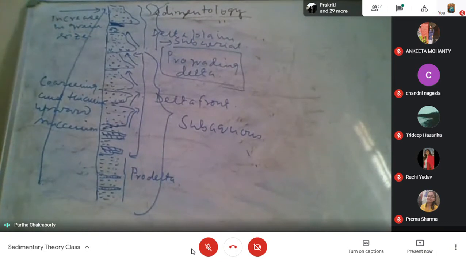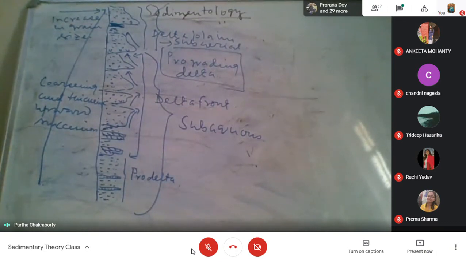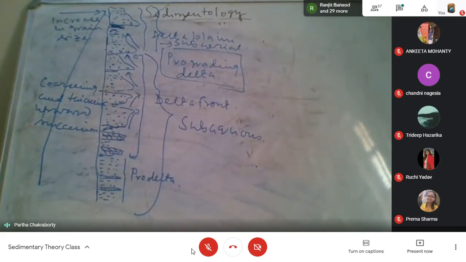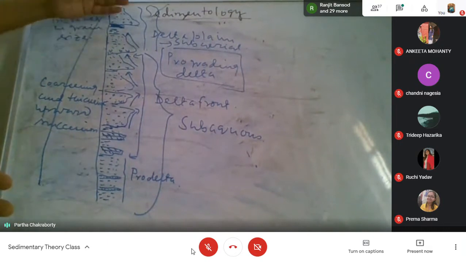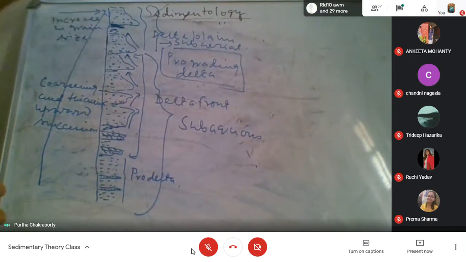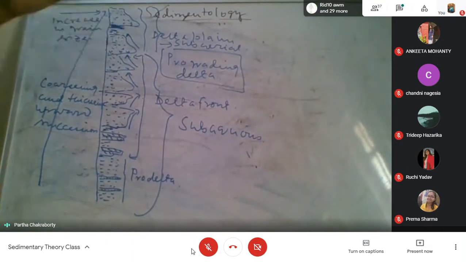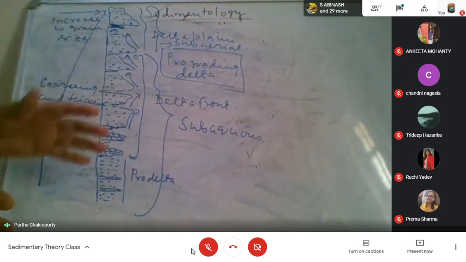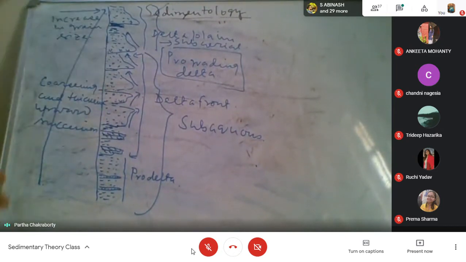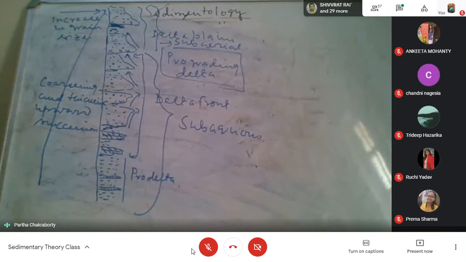Now, for any hydrocarbon reserve, you also require a seal, which will not allow the hydrocarbon to go out. That seal is provided by the delta plain, floodplain shale, coal, all of which act as a seal for the hydrocarbon that may be accumulated in the delta front sand bodies.